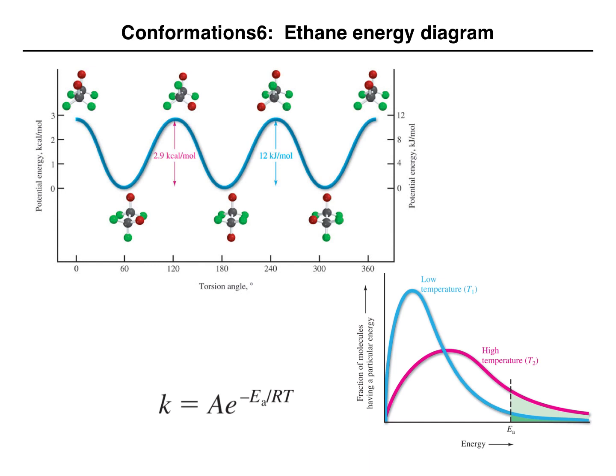So the rotation is really fast. This 12 kilojoules per mole is not really a barrier. So unless you had a sample that was really, really cold, in general, the molecules will have enough energy to overcome this barrier. And so we talk about having free rotation around that carbon-carbon bond.